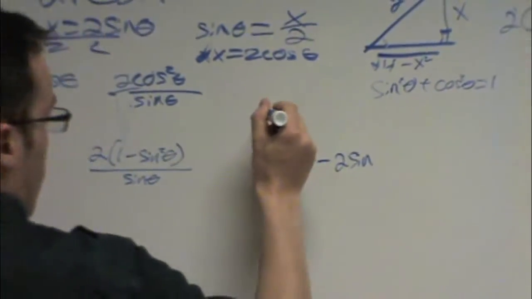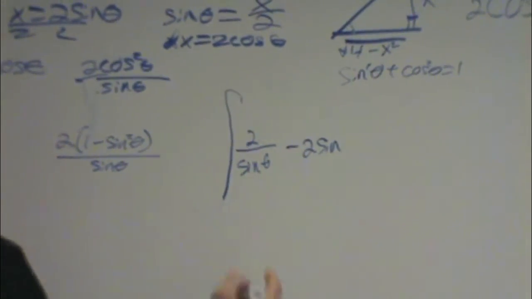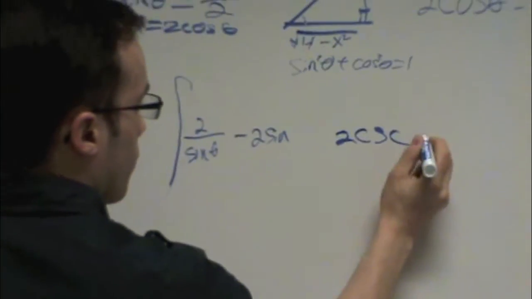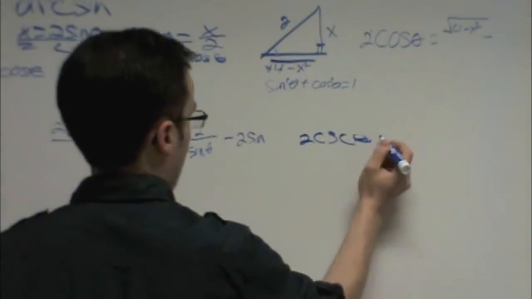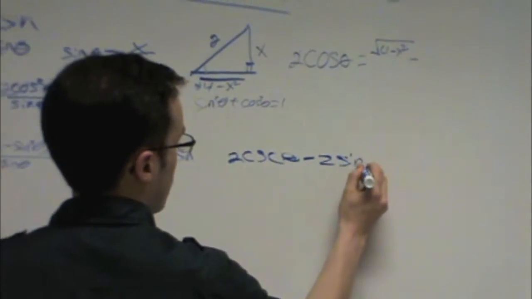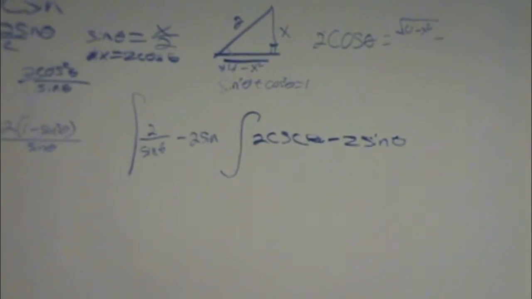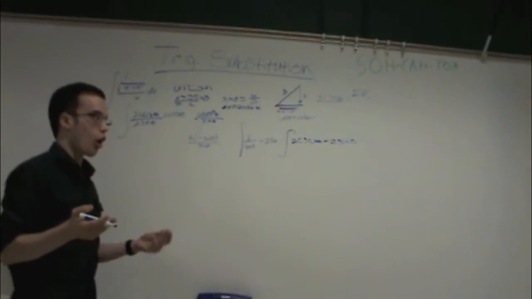This is now in a form we can very easily integrate. This becomes 2 cosecant theta minus 2 sine theta. The integral of cosecant, for those of you who don't know, is a special log integral.